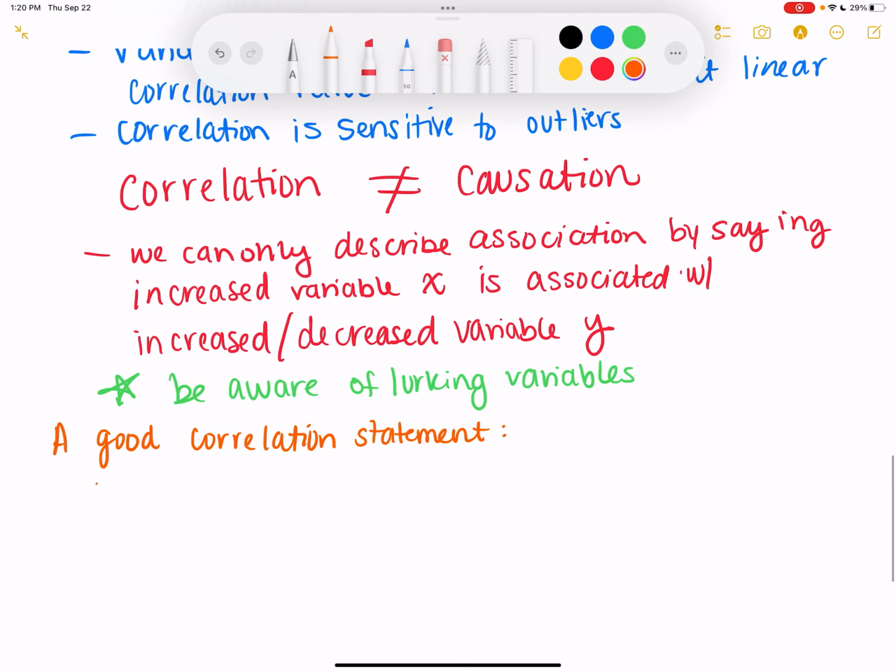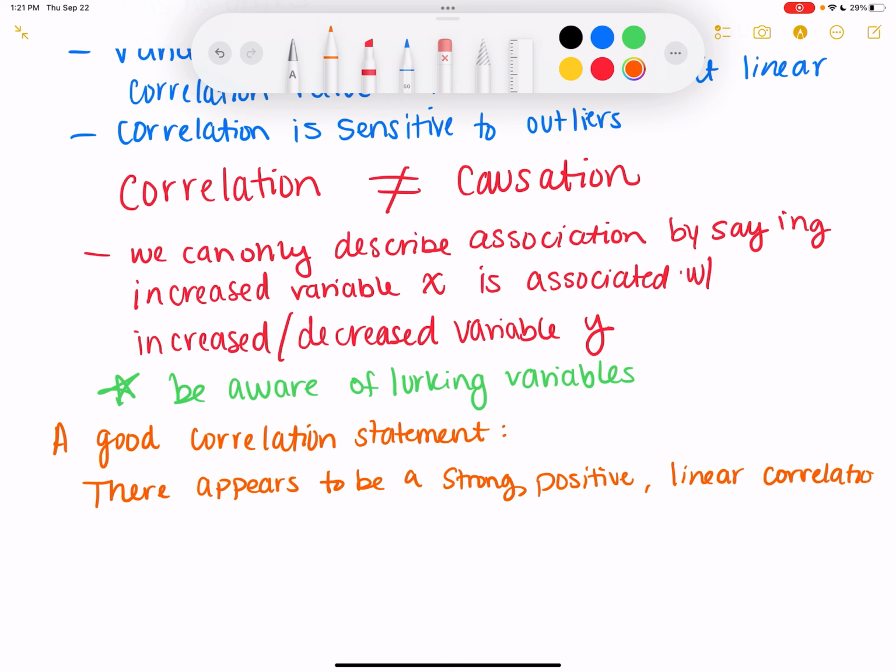So the first one: there appears to be a strong positive linear correlation between hours studied and test scores.